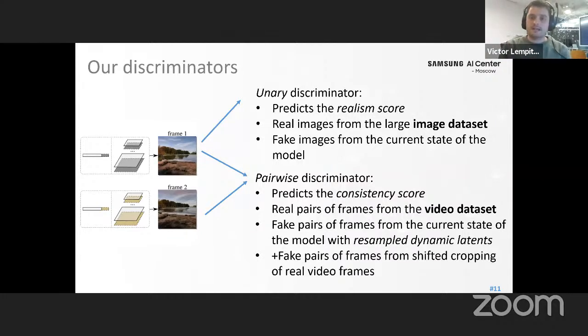And second, the system sees a lot of examples where the ground features that should not move actually move because of the cropping. And so it knows that these examples are fake, so it learns that the features on the ground should be kept static. You can treat it as a hack. You may call it a hack, but it's surprisingly efficient and it is important.